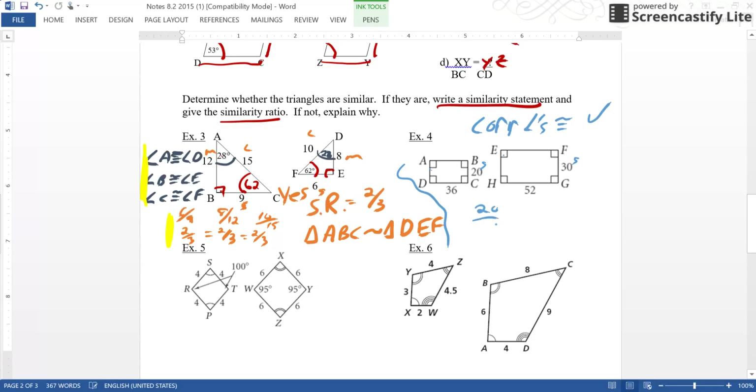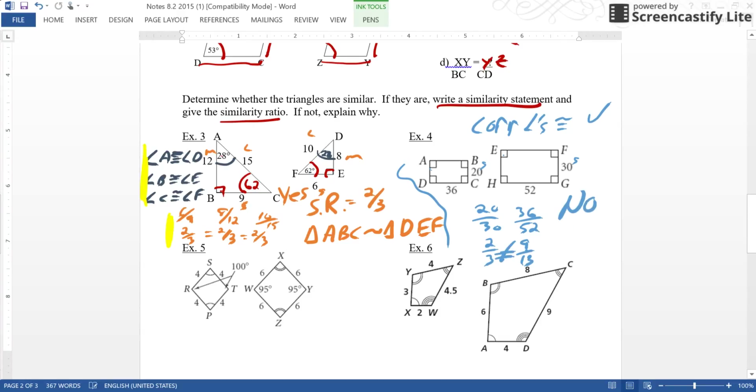I'll say 20 over 30, which simplifies to 2/3. And this one, my other side, 36 over 52. Well, 36 over 52 simplifies to 9 over 13, which is not equal.